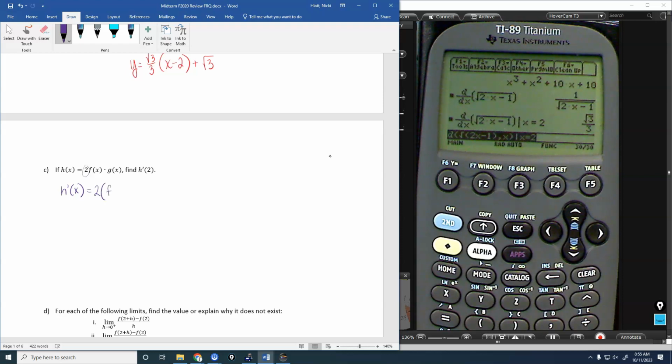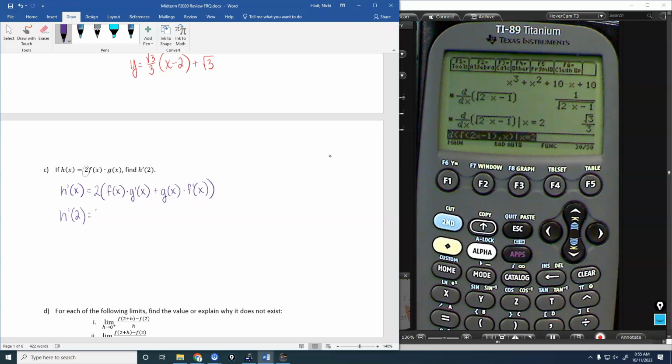And so you got f of x times g prime of x plus g of x times f prime of x. And so you need to write either that line or this next line I'm about to write.